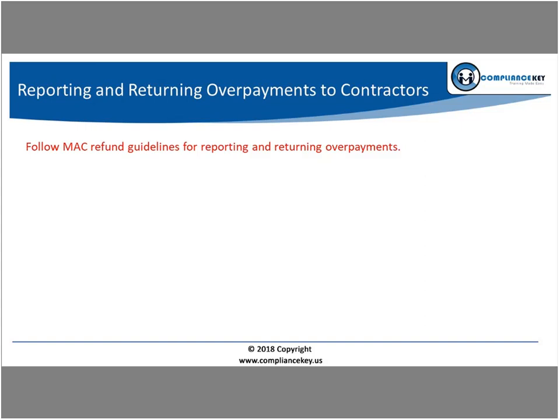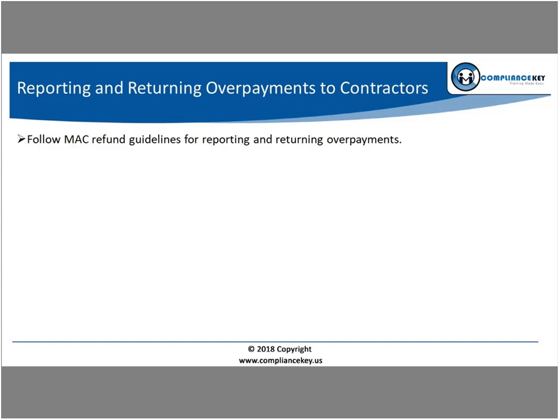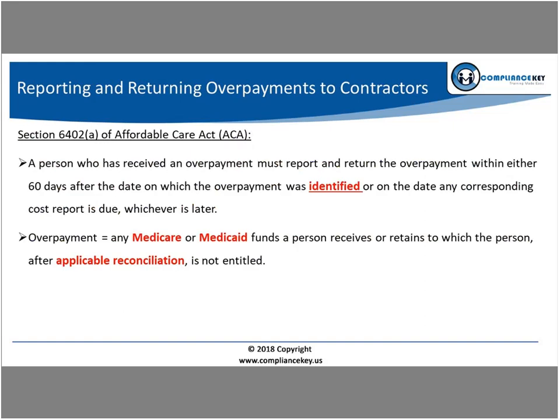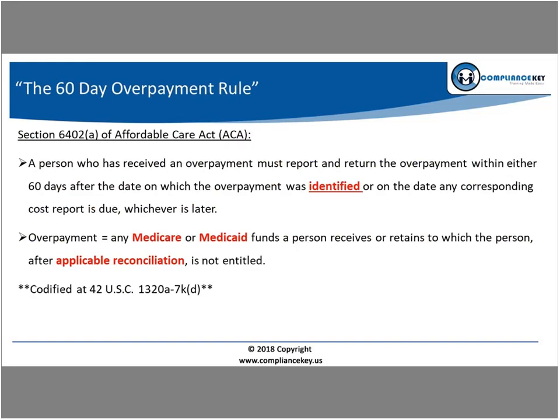So let's take a look a little bit further through the 60-day overpayment rule. Because as I said, as you're working through these issues, you're going to have to look at both the refund guidelines and the 60-day overpayment rule. So diving into that a little bit more in detail, again, this was born out of the Affordable Care Act.